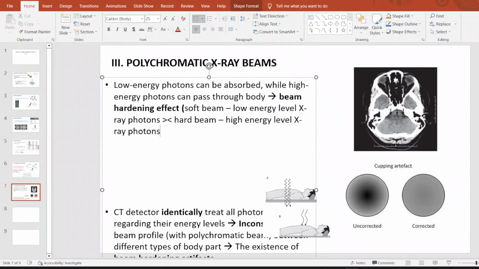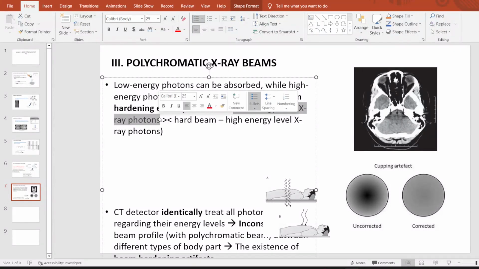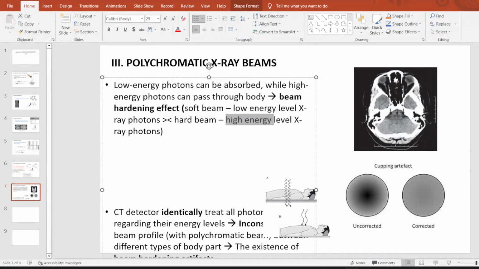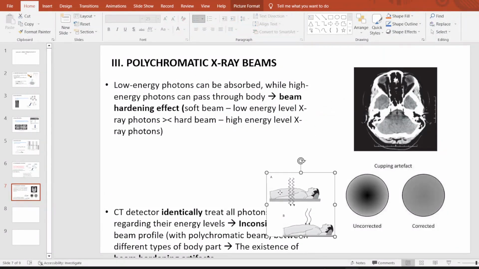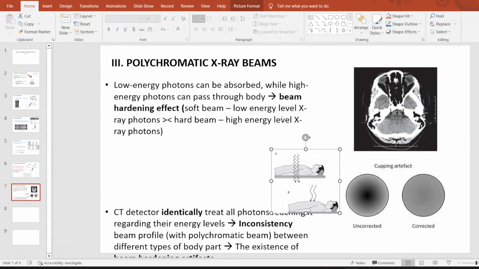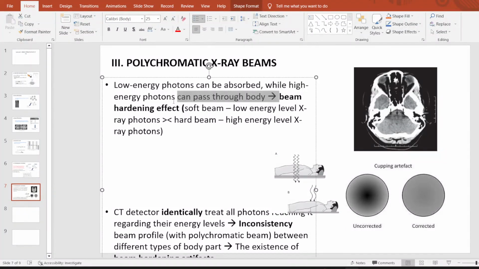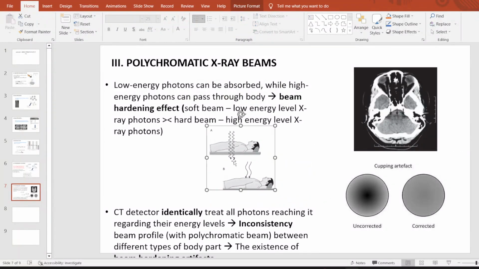So whenever the X-ray goes through our body, the low energy X-ray photons are absorbed, and the remaining photons are high energy level X-ray photons. That's the reason why this process is called beam hardening. It means you make the beam have more high energy photons.